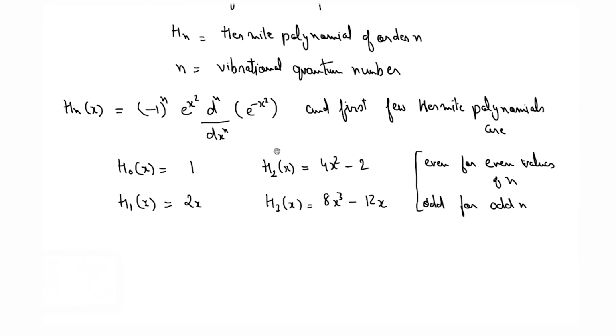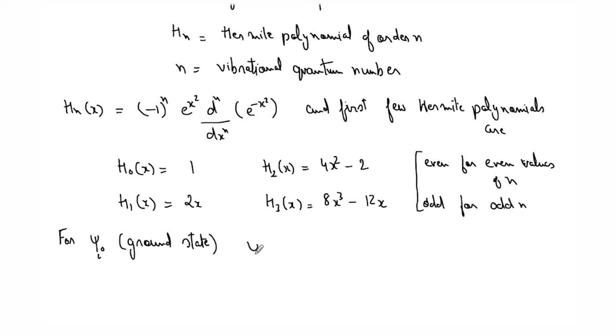Now let's try to calculate the symmetry of ground state. Okay, because let's say if we are interested in ground state and the first excited state, so of course you can calculate for the second excited state, third excited state, all those calculations can be done. Let's try to calculate for psi I0, right? Ground state.